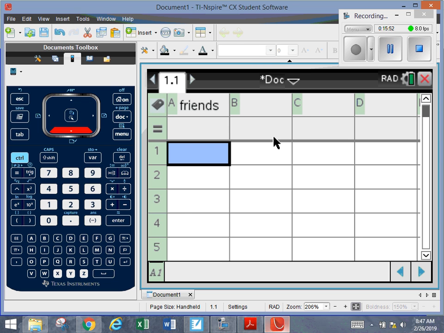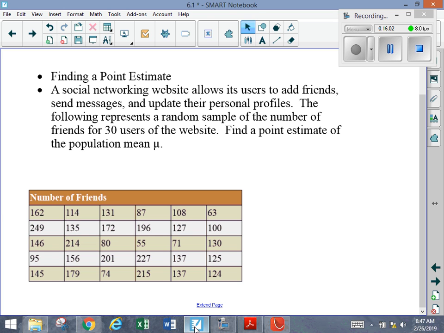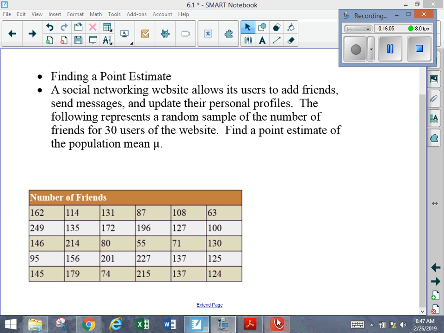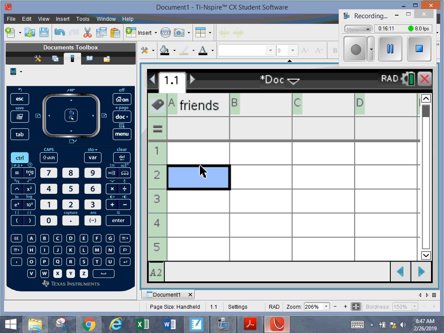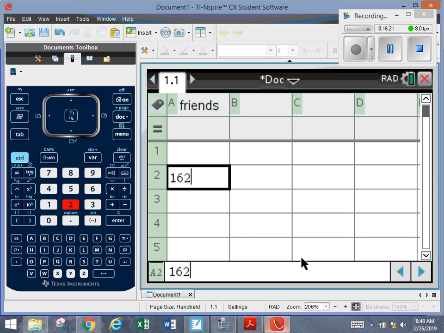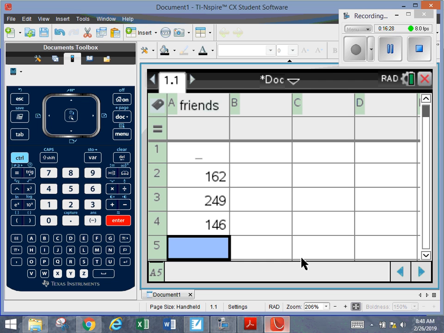Now we'll start entering in the data: 162, 249, 146, 95, 145, 114, 135, 214, 156.